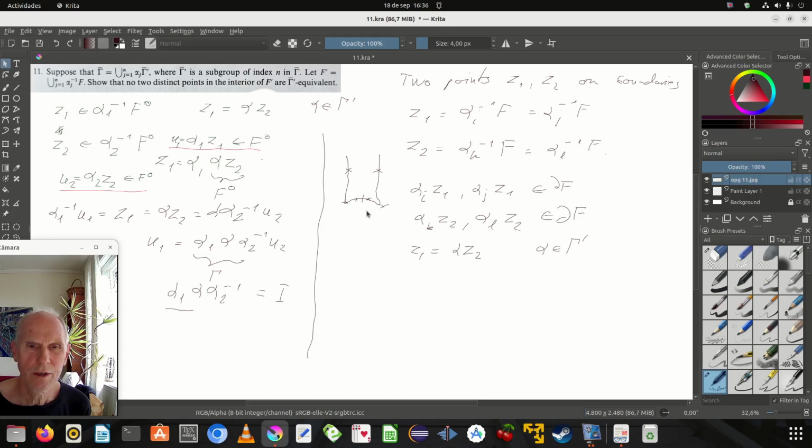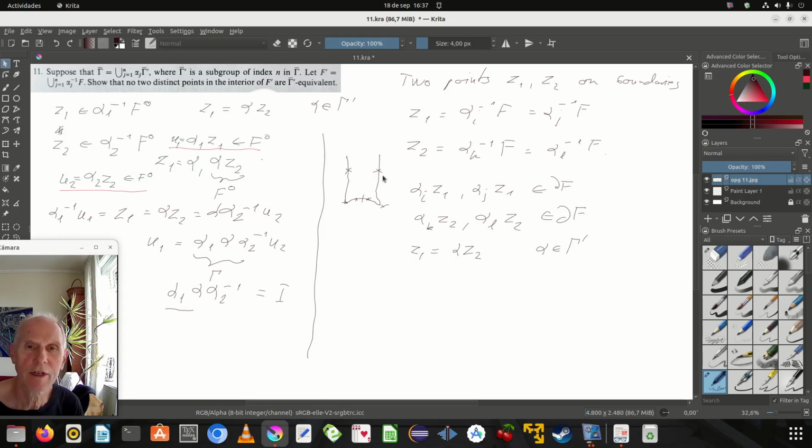That's rather interesting, because if they are here, then alpha must be S, and if they are here, then alpha must be T. If they're here, they can only be mapped to each other by S, but then S lies in gamma mark, and the same here.